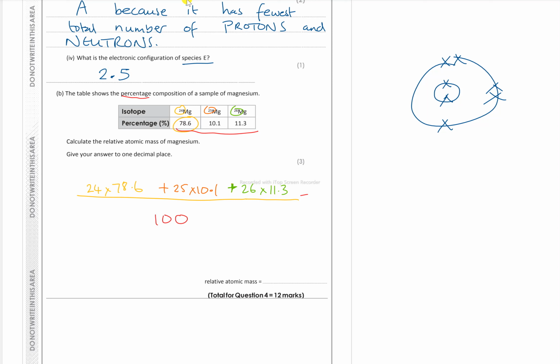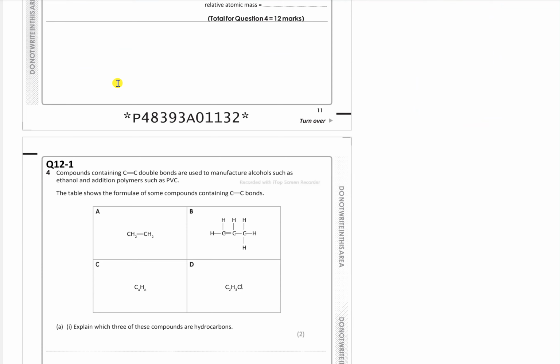If you add those together and divide, you should get 24.3.